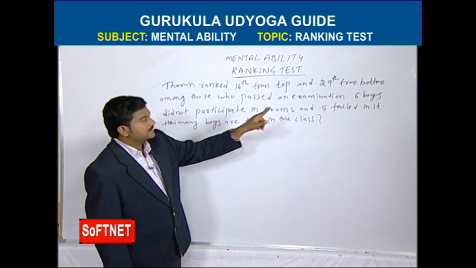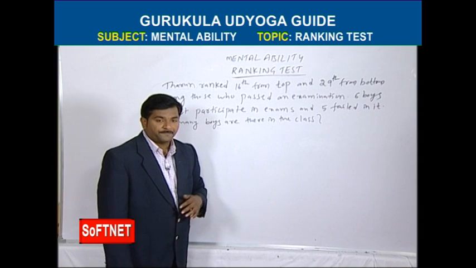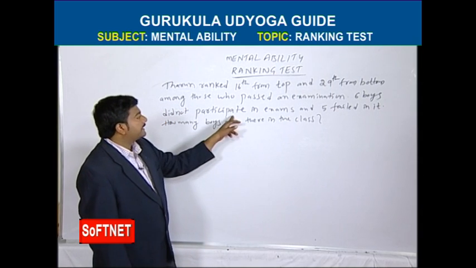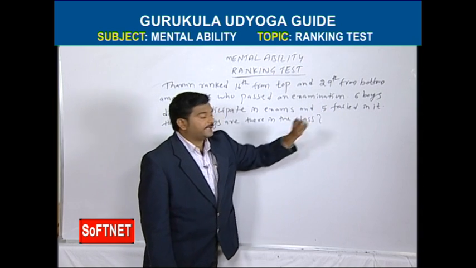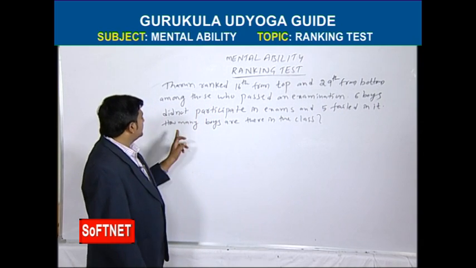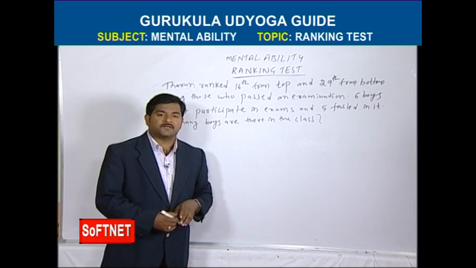It is very clear. 6 boys did not participate in the exam, and 5 failed in it. How many boys are there in the class? That is the given question.